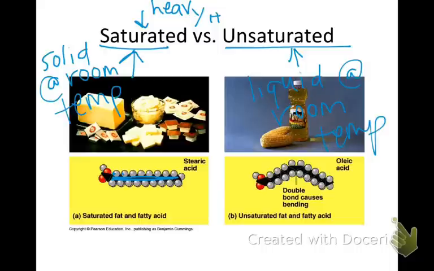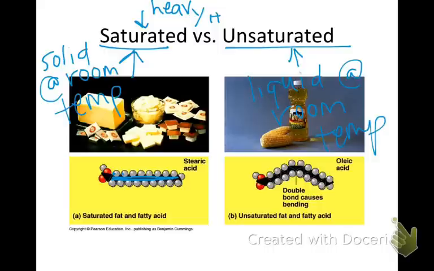This is the bad type of fat when it comes to your diet. I'm going to be the first to say, I love butter. Sometimes I got to put butter on my biscuit, and that's okay. But you just don't need to have a whole ton of it in your life every day. A little butter won't hurt you, but a whole bunch of butter over your lifetime can potentially hurt you.